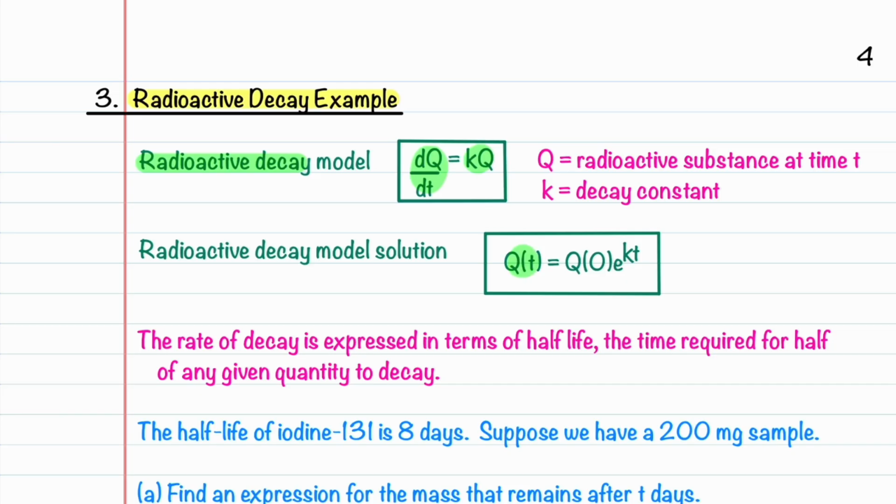And Q is equal to Q at 0, that is just the initial amount of the radioactive substance, times e to the kt, and k is the decay constant. The rate of decay is expressed in terms of half-life. Half-life is just the time required for half of any given quantity to decay.